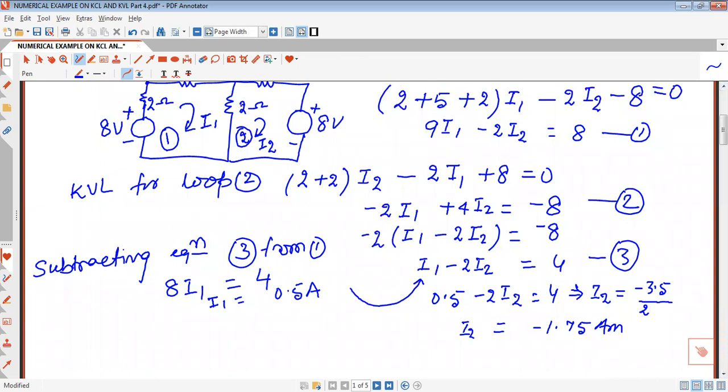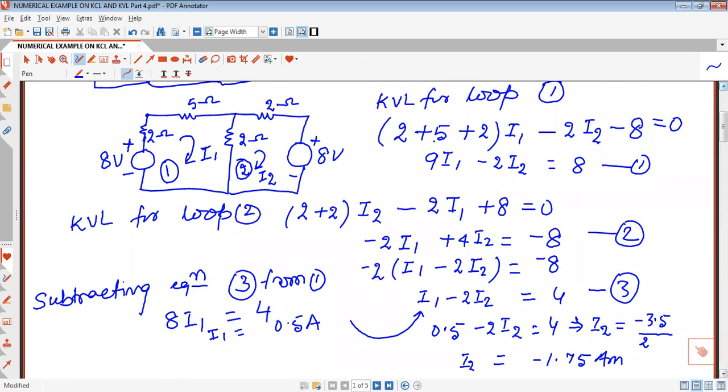Suppose we want to find the current flowing in the resistors. I1 is the current flowing in this 5 ohm and 2 ohm resistor, so this current is now known. And for this 2 ohm resistor, the current is the difference of I1 and I2.